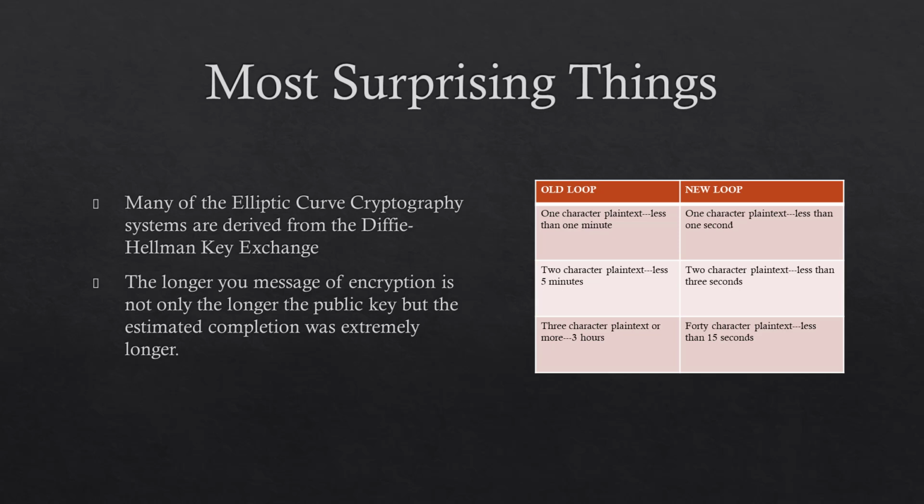As mentioned before, the most surprising thing for us is that changing one algorithm, our loop algorithm, could significantly decrease the amount of time spent decrypting a plain text. The longer the plain text message that needed to be encrypted also changed the random key and public key that was generated with our algorithms in the Python program.